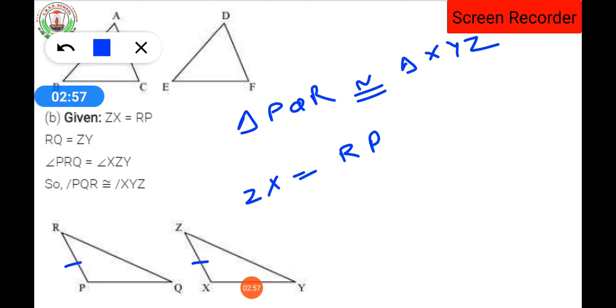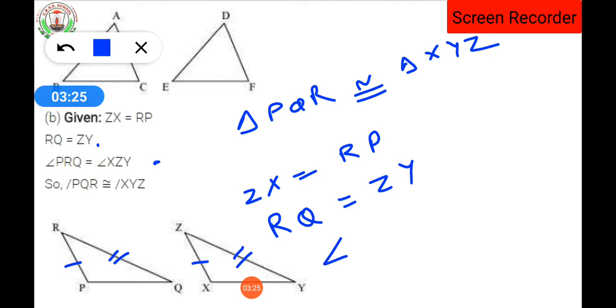Now moving toward the next part, it is given that RQ is equal to ZY. RQ, which side will it be? This hypotenuse, isn't it? So RQ will be equal to ZY. Clear? If RQ is equal to 5 centimeters, obviously ZY will also be 5 centimeters in measurement. Now moving toward the third part of the criteria.